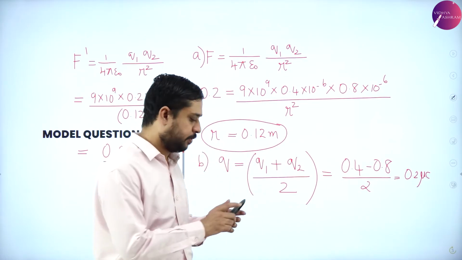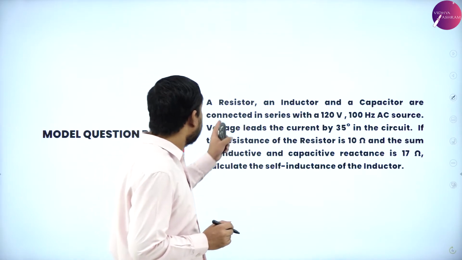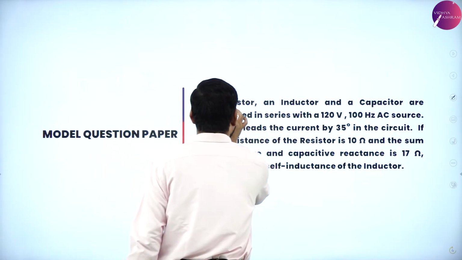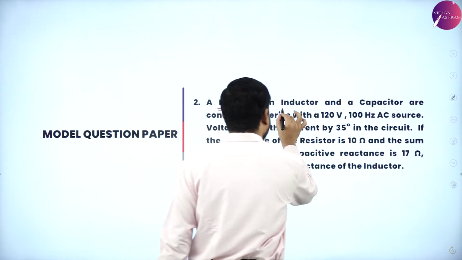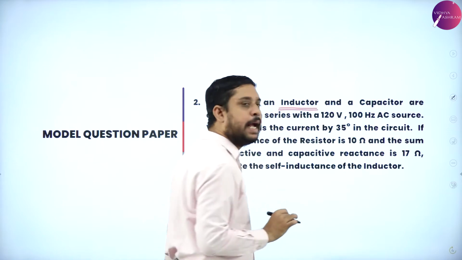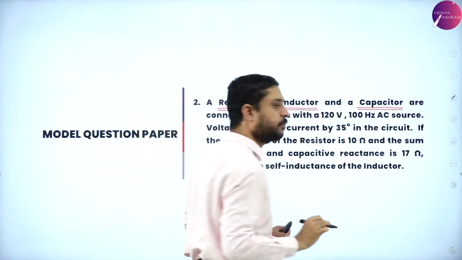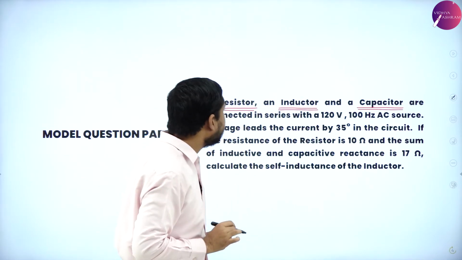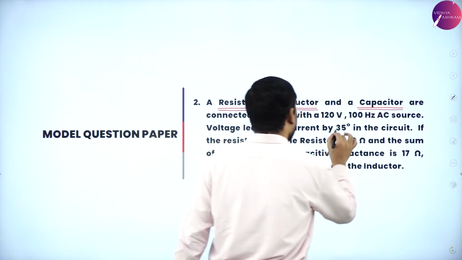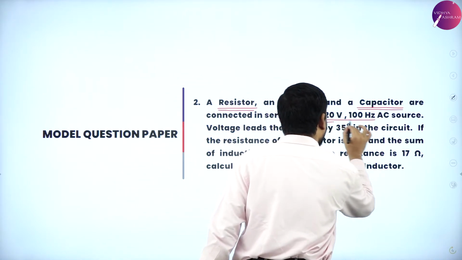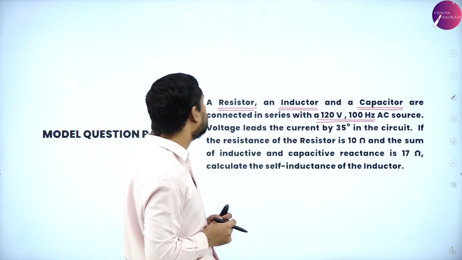Next one, students. A resistor, an inductor, and a capacitor are connected in series with 120 volts, 100 hertz AC source.